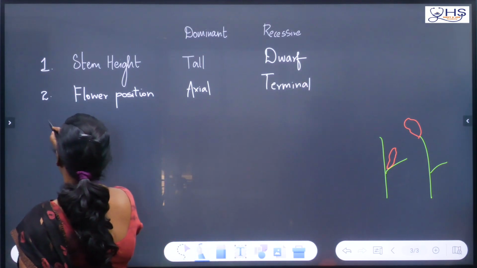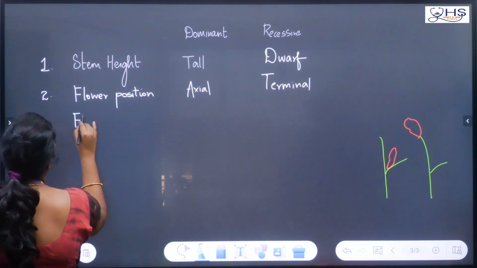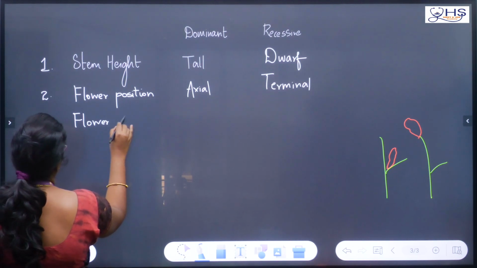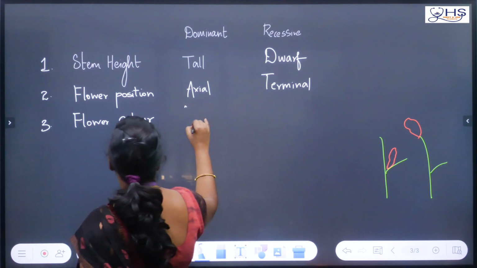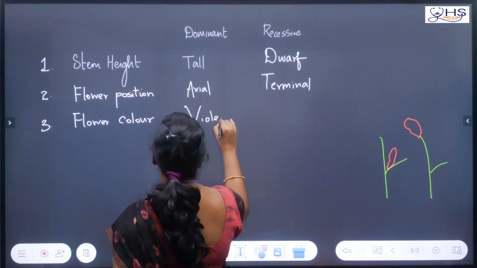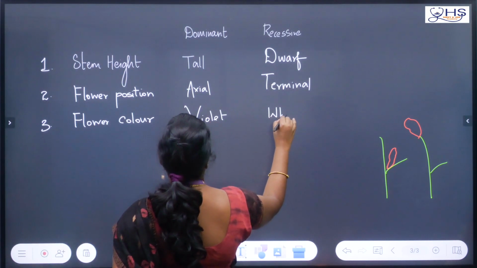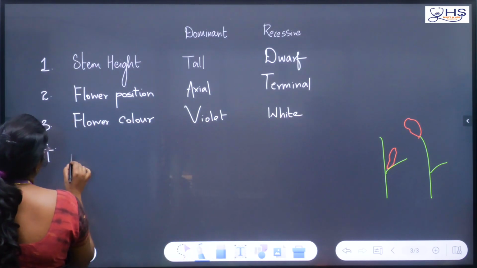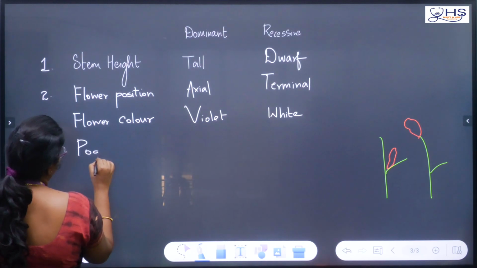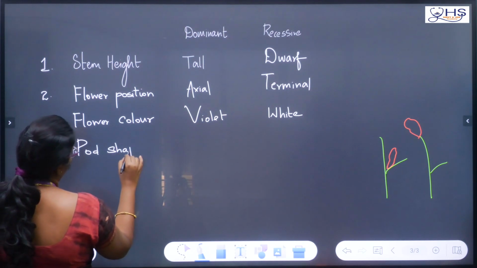Next is flower color. The third character is flower color. One is violet, white. Fourth one is shape of the pod. Pod shape.